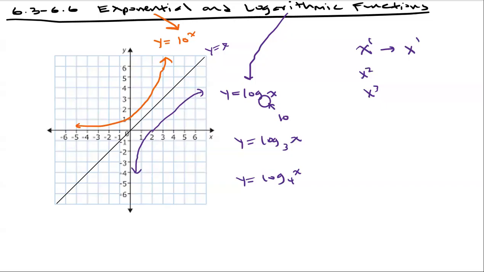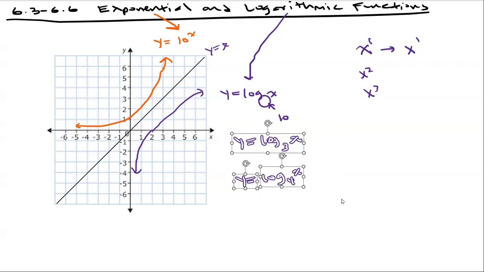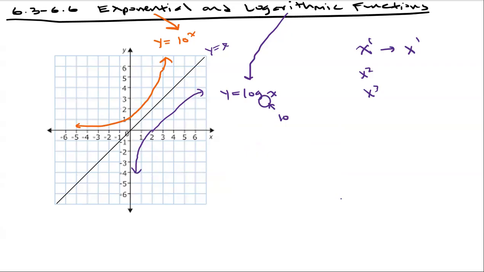Let's keep exploring this log function and try to figure out the domain, the range, and the asymptote of these types of functions. I'm going to focus on the log function here. As I mentioned before, if we put in numbers that are 0 or lower than 0, it's going to give us an error.